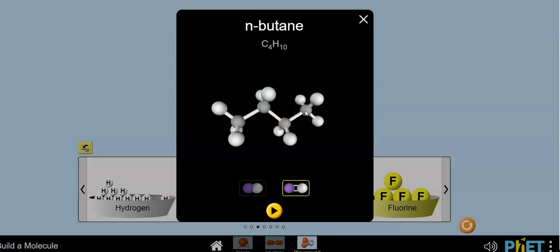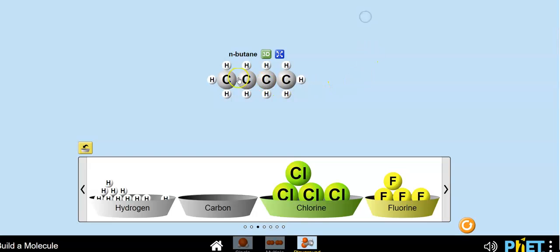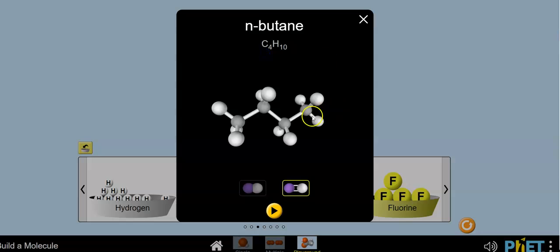Notice they're not exactly straight, right? They kind of zigzag. That's because of where the electrons end up on the outside of the carbon atom. So just keep in mind that even though when you build it, it looks straight, in real life, it's not necessarily straight. There's one carbon, two carbons, three carbons, four carbons.